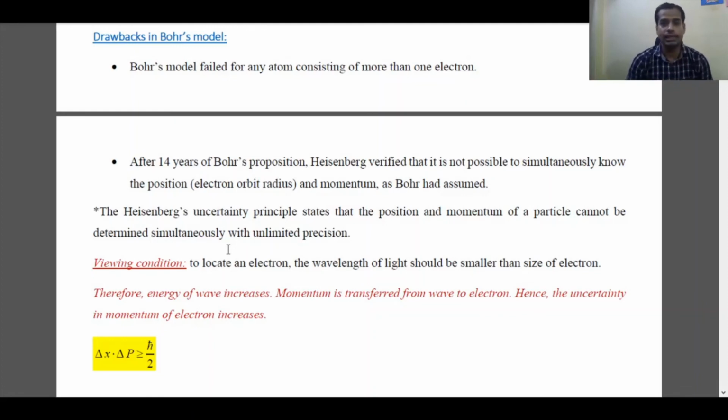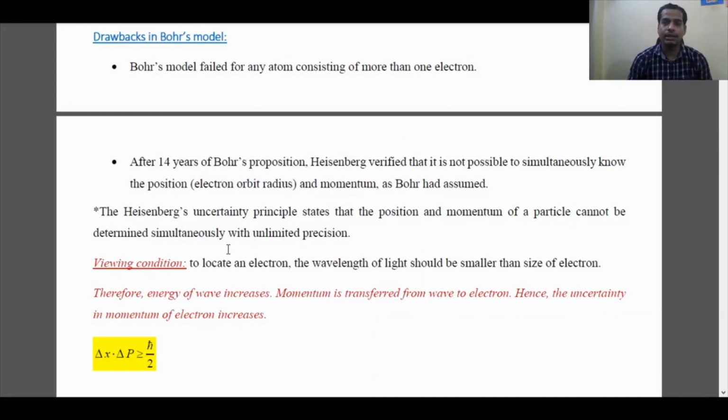So to see the position of electron, we have to use a wavelength of light smaller than the size of the electron. Electron is already a very small particle. The radius is around 10 to the power minus 15 meter kind of thing. So when we use a wavelength of light which is very small, then its energy increases.